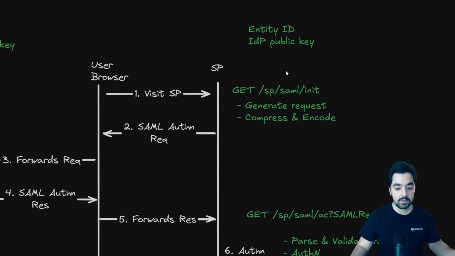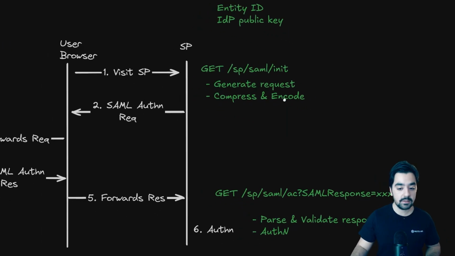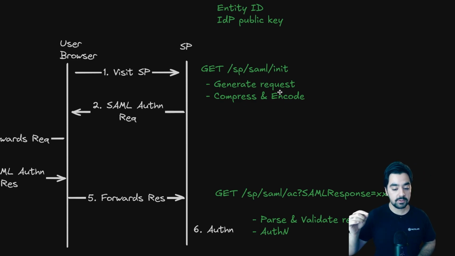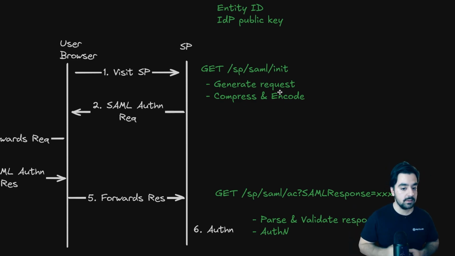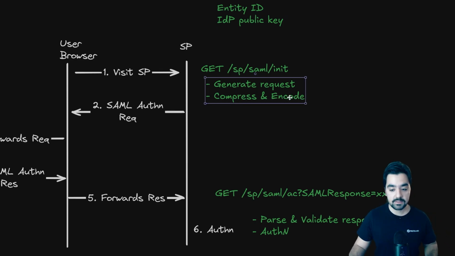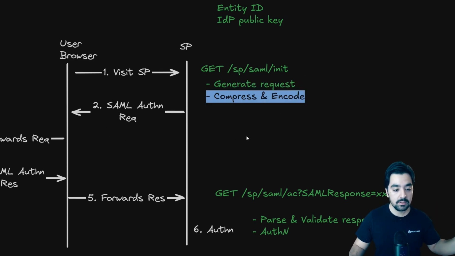What the service provider needs to do is generate an authentication request, which includes the ID for the request, the entity ID of the service provider, the timestamp, the binding method we're going to use to deliver the request and the response, and some other information, and then compress it, base64 encode it, and send it back to the user browser.